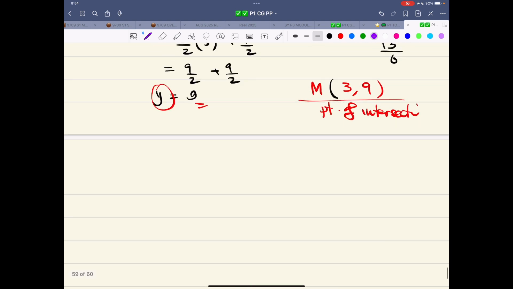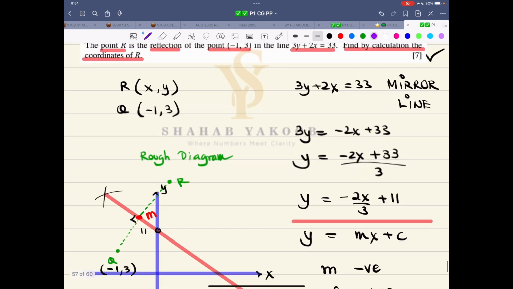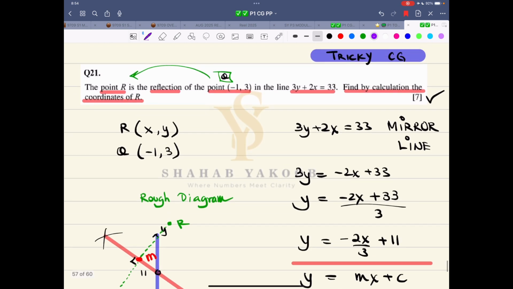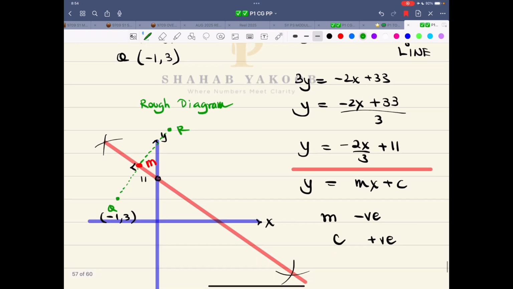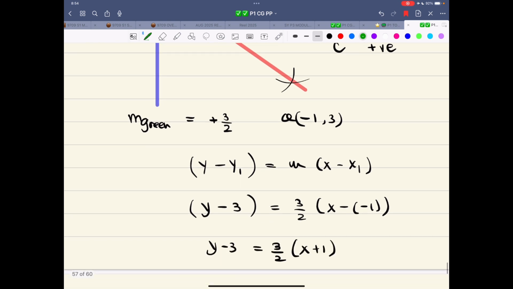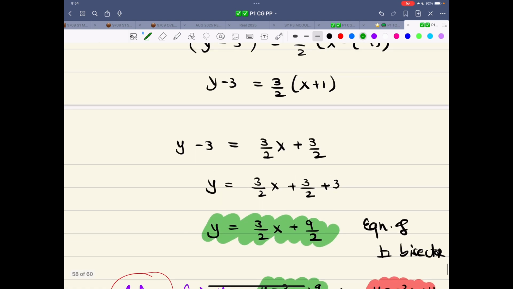So now that's how this particular question is done. And now let's think about all the marks that are associated with it. If I choose a green color, first of all, you have to find the equation of this perpendicular bisector.